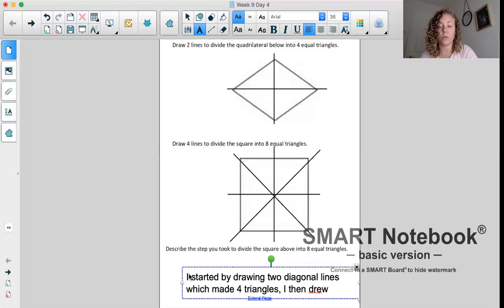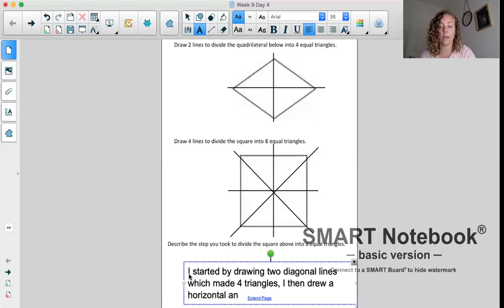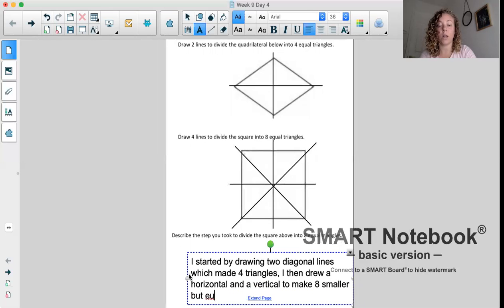And then drew a horizontal line, it's this way, and a vertical line. 8 smaller but equal sized triangles. Okay.